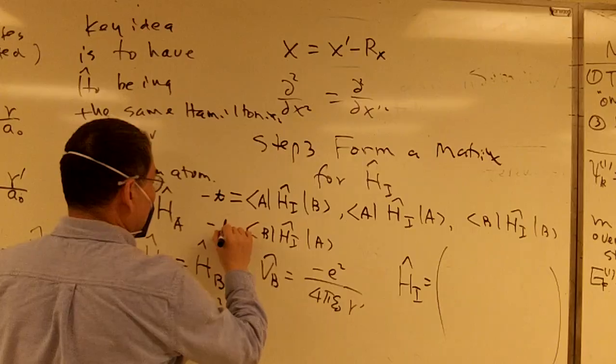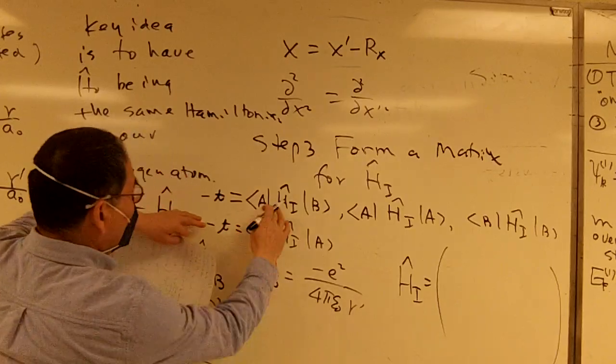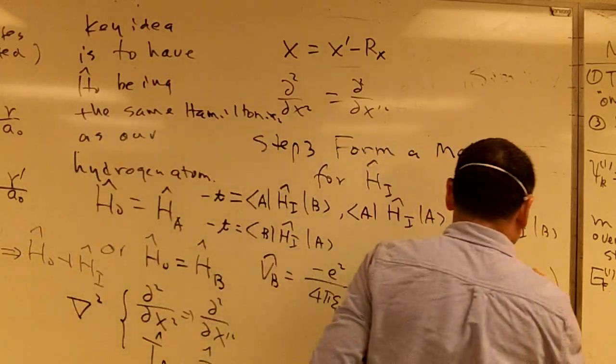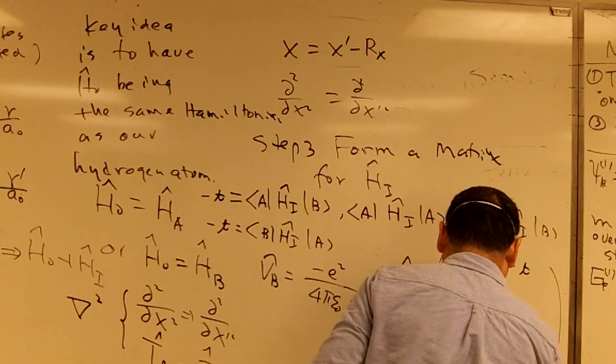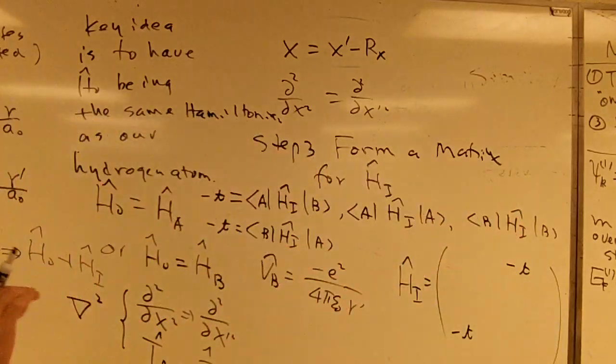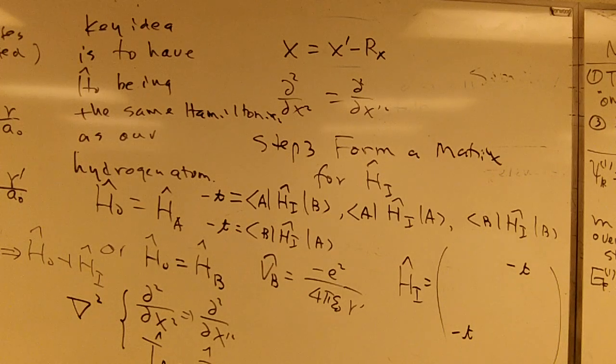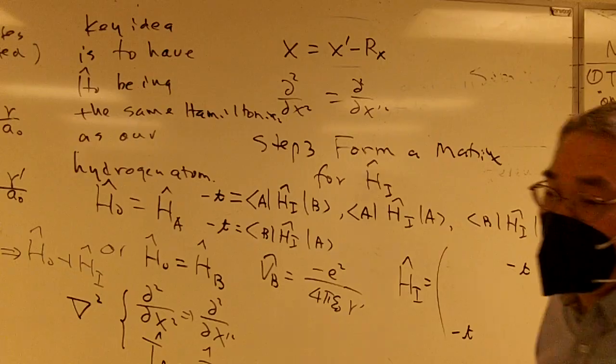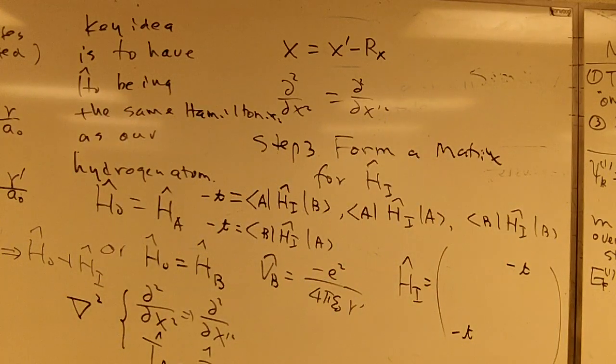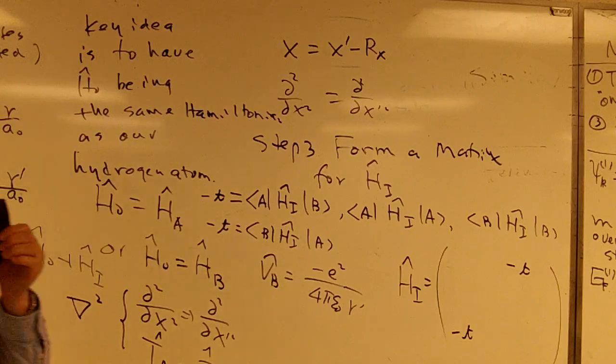And this also equals negative t. So this is the off-diagonal element. So I have off-diagonal elements, negative t, negative t. I will explain why it is negative. It's not obvious why it must be negative, and I will explain this shortly for you guys. And you will see we will use the negative t there.